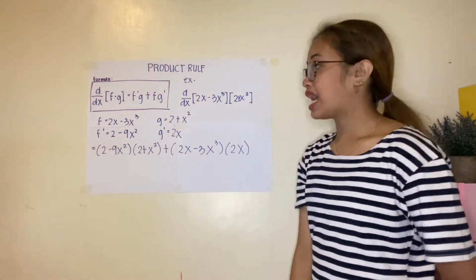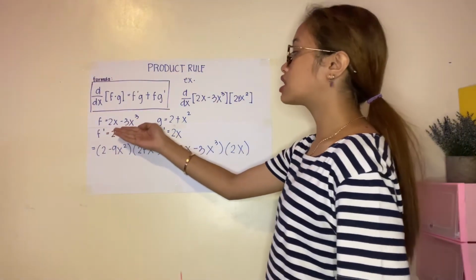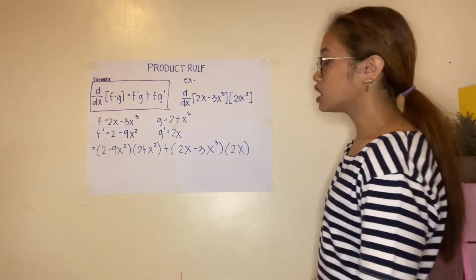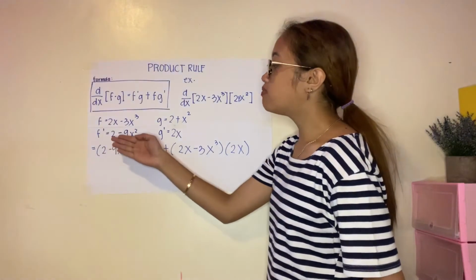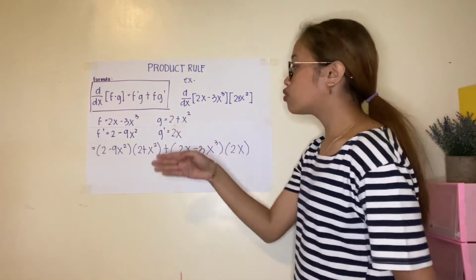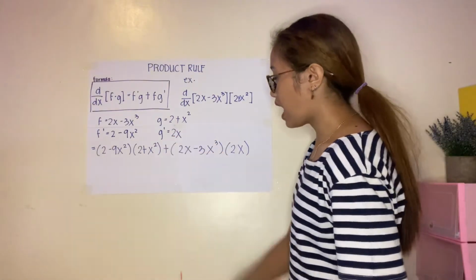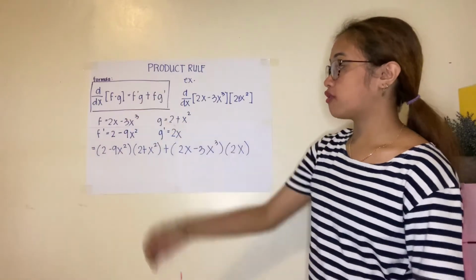First, we'll get the derivative of f, which is 2x minus 3x cubed. So the derivative of f would be 2 minus 9x squared. And the derivative of g would be 2x. Now we're going to follow the formula.